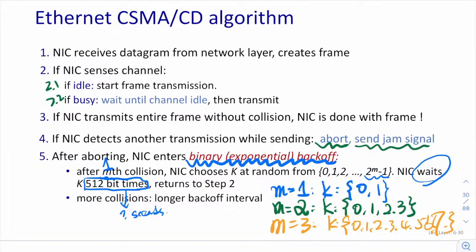So with more collisions, the range of K becomes larger. That means B and D will eventually, with certain probability, roll the dice and get different numbers. So maybe B is lucky, its number is smaller, so B waits less time than D waits.